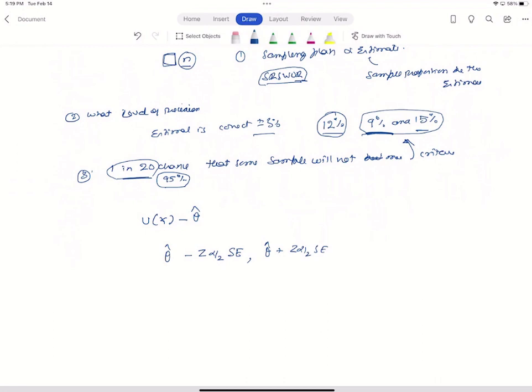So if we want a 5% margin of error, then z half standard error becomes equal to that value, and how we express the standard error will depend on the parameter that we want. Different parameters, for example proportion and mean, would have a different formula for standard error, but that is how you would proceed.